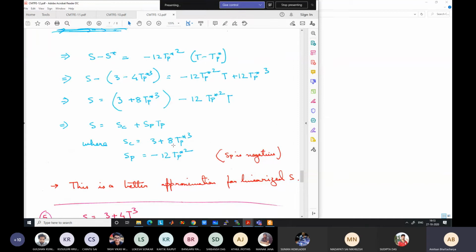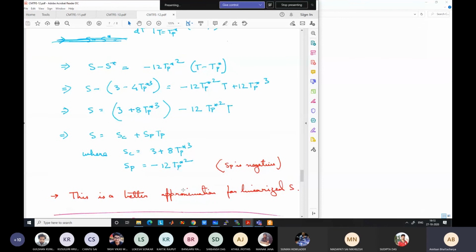It is based on the previous iteration value, and only this T will become the unknown. So it becomes a linear function with respect to known values, and we have to proceed iteratively. In this case SP is also negative. So this is a better approximation for linearizing the source term as compared to the lazy approach, because it captures the slope also correctly.